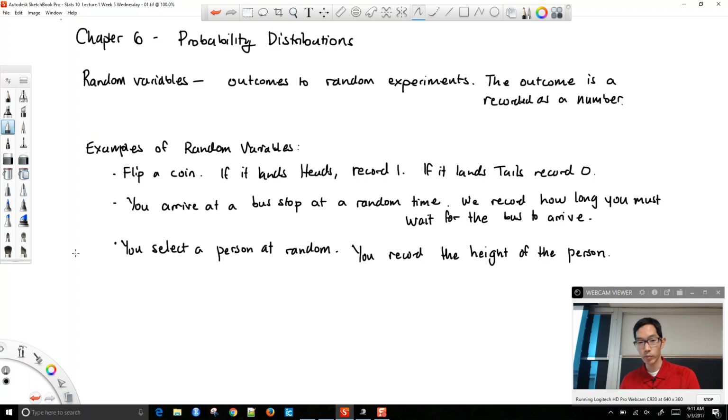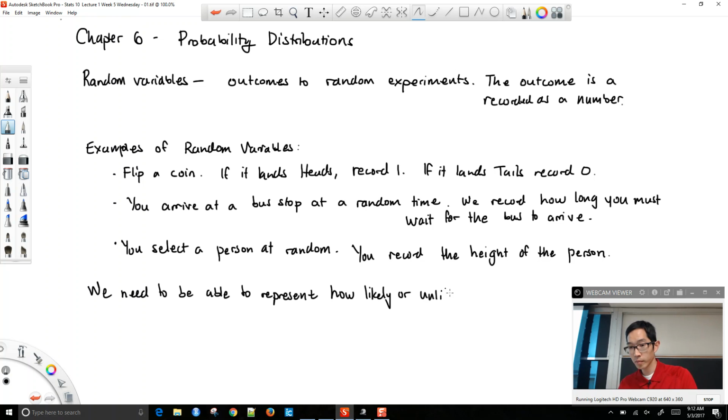Okay, so we need to be able to represent how likely or unlikely particular values are.